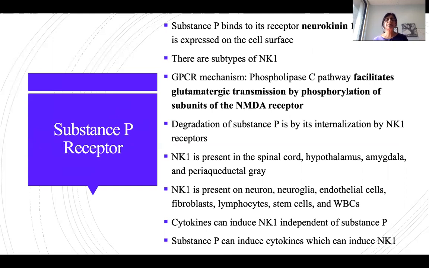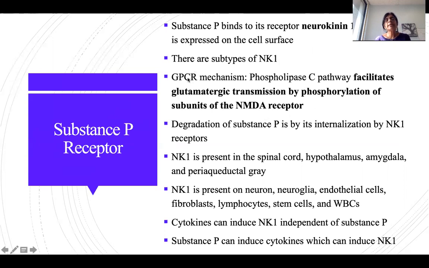A peptide being bigger is restricted from entering the cell membrane because of its large size and requires a receptor on the cell membrane facing the outside, and that's where you would find NK1. There are subtypes of NK1, but we don't have to know all that.